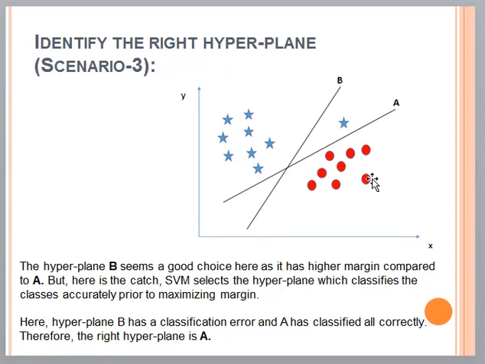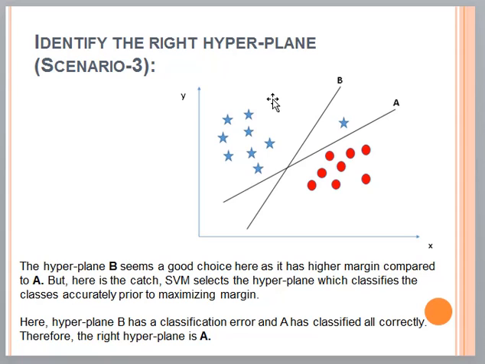So if I ask you to decide which hyperplane is the best hyperplane depending upon our previous knowledge, most of you will say that hyperplane B will be a good choice, because by observation it has a higher margin as compared to A, right?